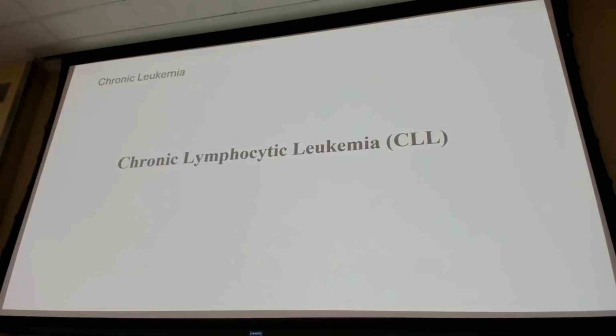All right, CLL, chronic lymphocytic leukemia. Onset, fast or slow? What cell line am I dealing with? So what do I expect to see in my bone marrow? What do I expect to see in my peripheral smear? What do I expect to see?